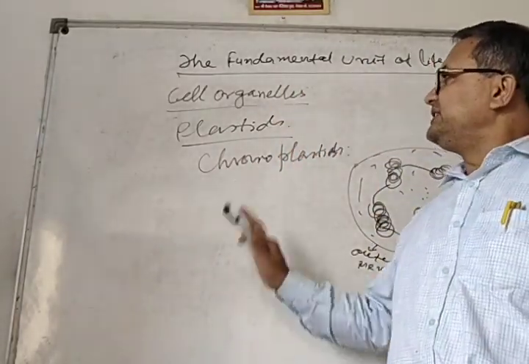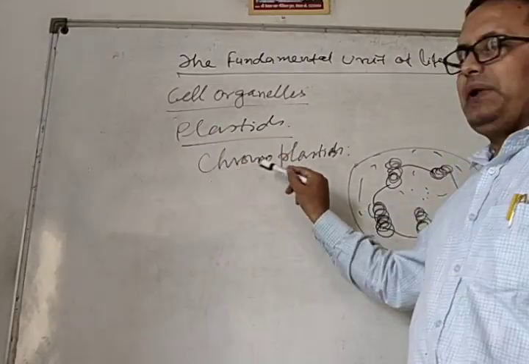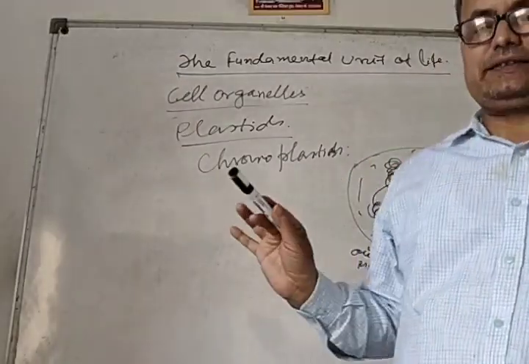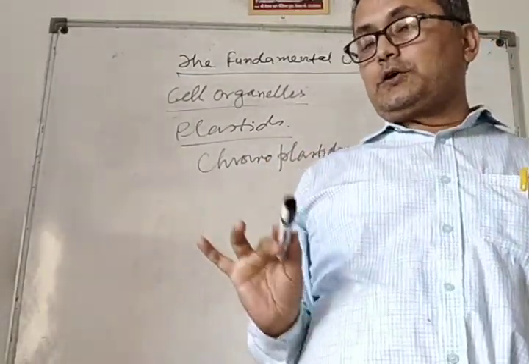And the second is leucoplast. Leucoplasts are the colorless plastids.